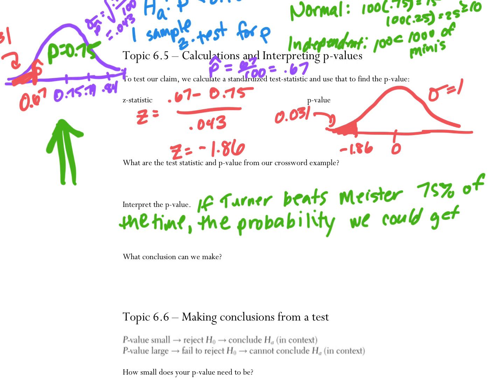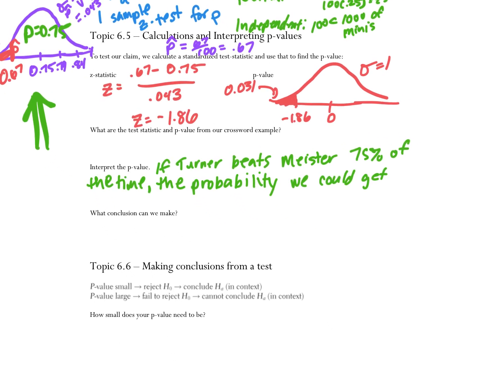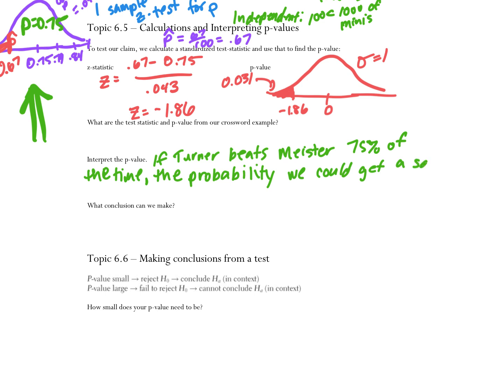The probability that we get a sample with 67% or lower, because we shaded to the left, is 3%, 3.1%, 0.031.